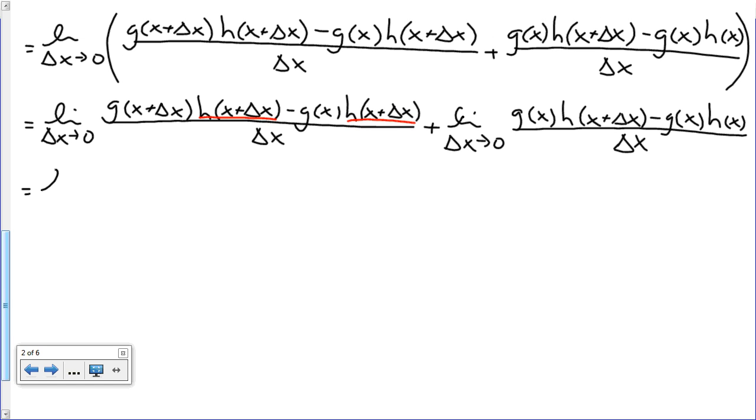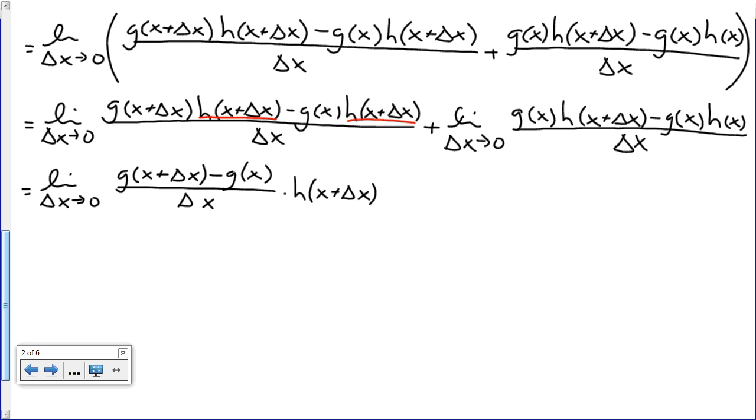This is the limit as delta x goes to 0 of g of x plus delta x minus g of x, that's all over delta x. I'm going to put that factor that I'm factoring out to the right of this fraction here. So it's times h of x plus delta x.